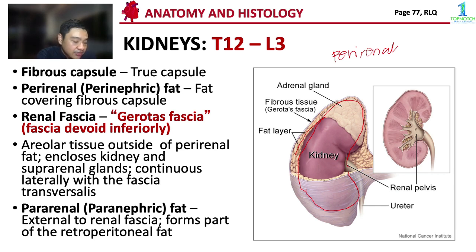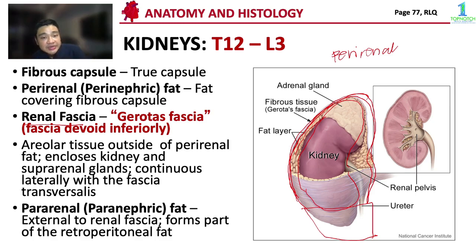More outside of your perirenal fat is the Gerota's fascia, also known as your renal fascia. It is a thick band that envelopes almost the entire kidney. Why almost? It is open inferiorly, meaning your Gerota's fascia only covers these portions. It is open at the bottom.